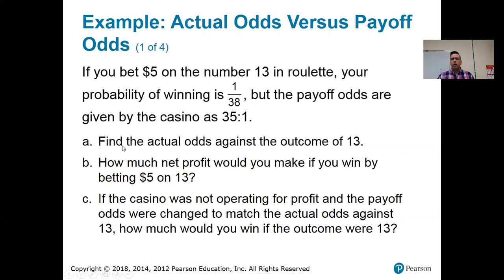The first thing they want me to do is find the actual odds against the outcome of 13. And then they want to know how much net profit I would make if I win by betting $5 on the number 13. And then, if the casino was not operating for profit and the payoff odds were changed to match the actual odds, how much would you win?